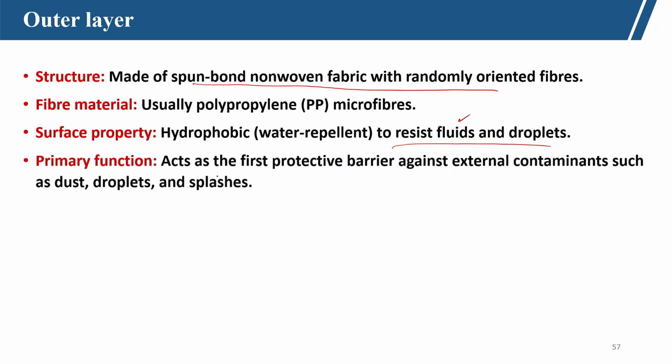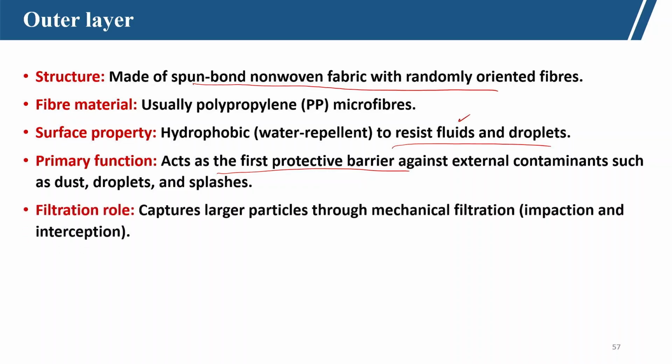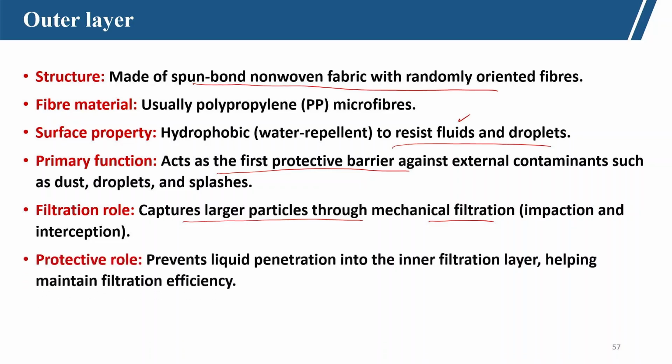Its primary function is to act as the first protective barrier against external contaminants such as dust, droplets and splashes. Its filtration role is to capture large particles through mechanical filtration like impaction and interception, and its protective role is to prevent liquid from penetrating and to repel the liquid, and it helps the main filtration medium, the second layer, maintain its filtration efficiency, so that the main filter does not get disturbed.